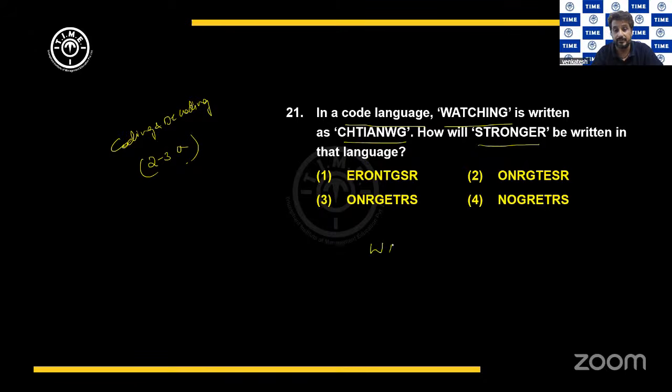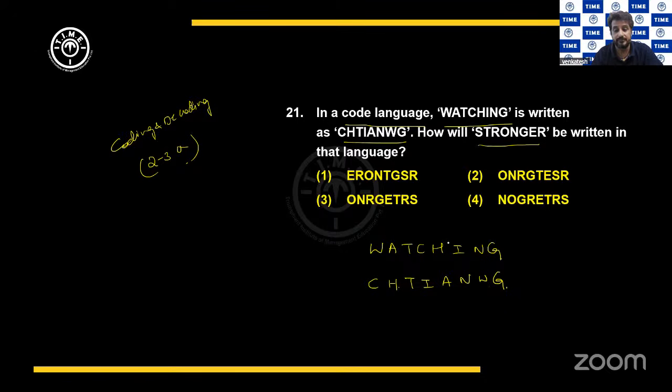The given word is watching, and the given code is CHTIANWG. Right. Now let's check it.